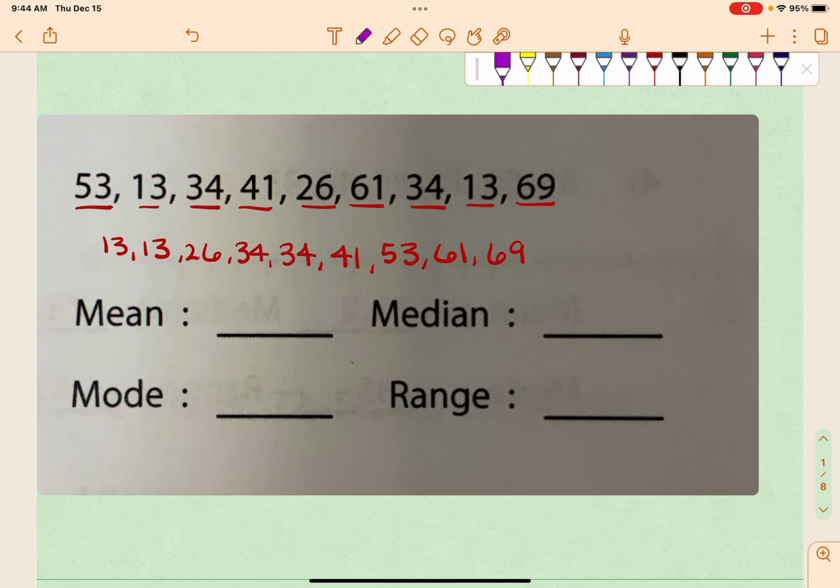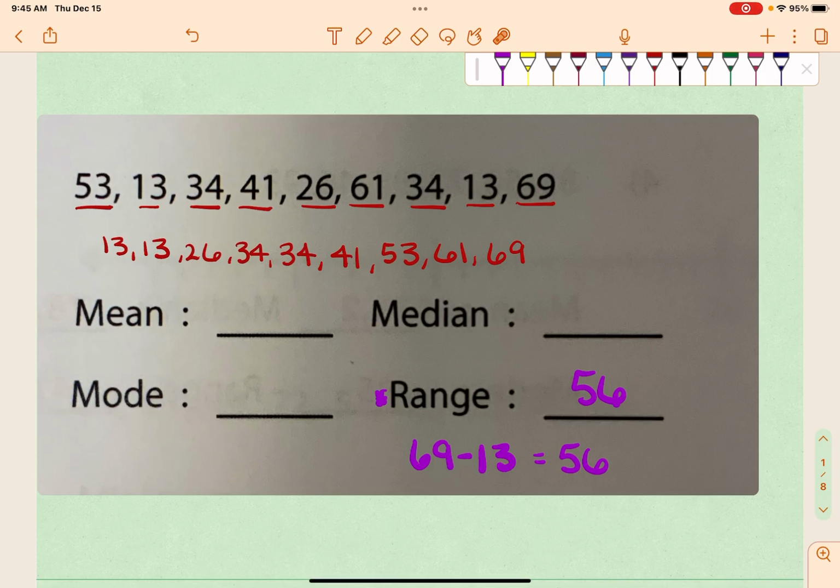And then usually the easiest one actually is to do the range. So the highest number I have is 69 and the smallest is 13. To find the range, I'm going to do 69 minus 13, which will be 56. That's my range. Now, if I want to do the mode, it's the number that happens the most.